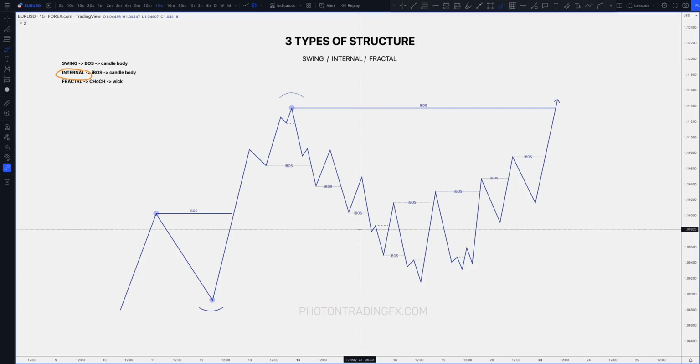So from now on, those larger internal swings we're simply going to refer to as internal structure, and these very, very small, tiny swings we're going to refer to as fractal structure. Fractal structure, in terms of defining it on the chart, is what we have so far used for mapping CHoCH, for mapping change of character.